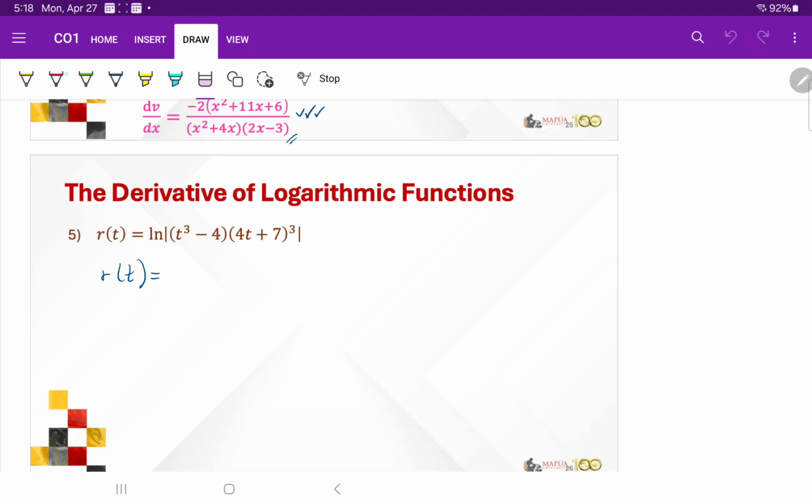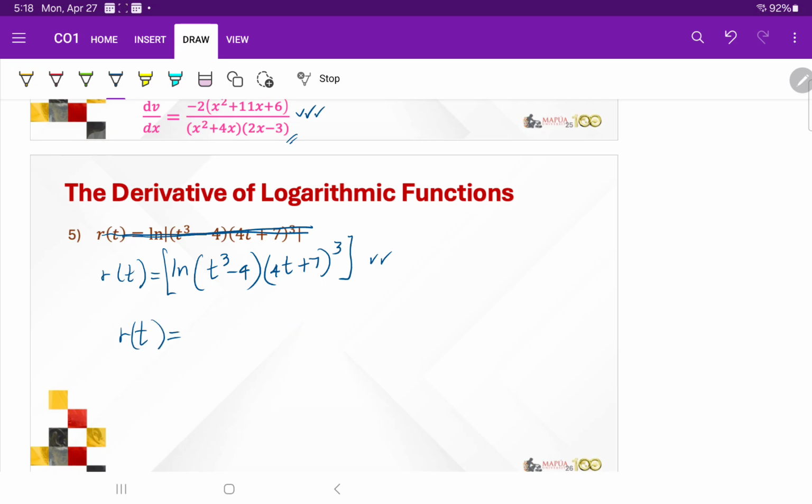Okay, hold on. This is r of t is ln of t cubed minus 4 times 4t plus 7 cubed. Ganun dapat siya. Alright? So, r of t, so hindi na to yung problem ha. Ito na. So, we write r of t is equal to what?